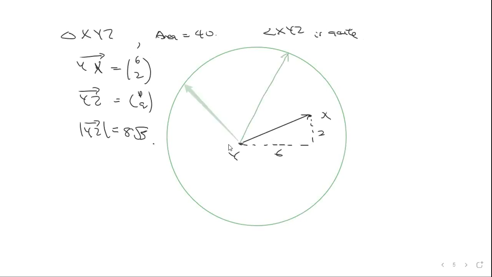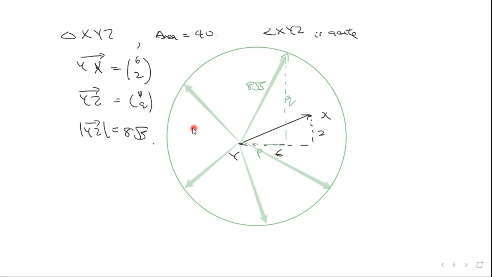Basically Z could be anywhere on this circle, as long as it's 8 root 5 in some direction from Y, because we know the length is 8 root 5. And so whatever it is, it's P across and Q up.